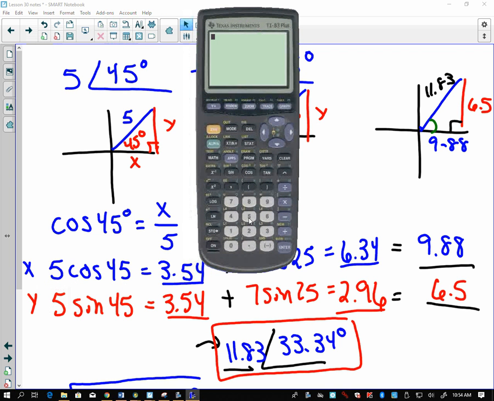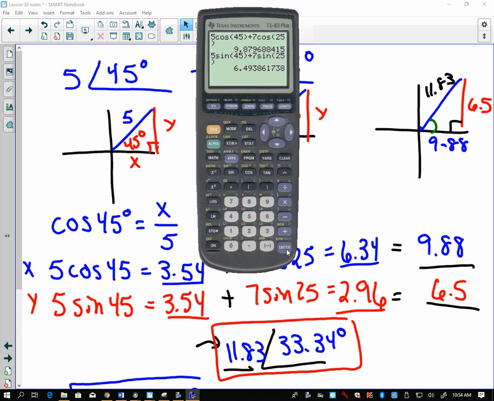So if I write 5 cosine 45 and I add 7 cosine 25, I'm getting that 9.88 right there. So did I have to find a decimal and then add another decimal to it? No, I jumped right there. Now I can do my 5 sine 45 plus 7 sine 25.